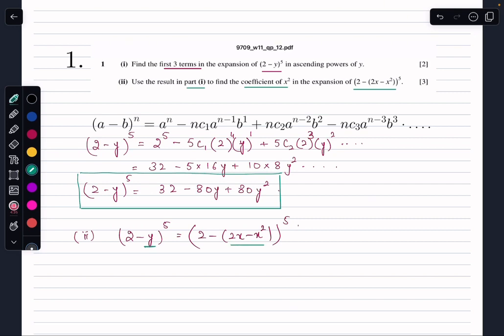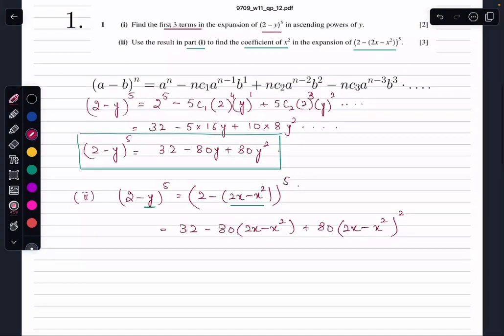So in the expansion in part 1, I should be replacing y with 2x minus x squared, meaning it's 32 minus 80 times 2x minus x squared, and then plus 80 times 2x minus x squared the whole squared.